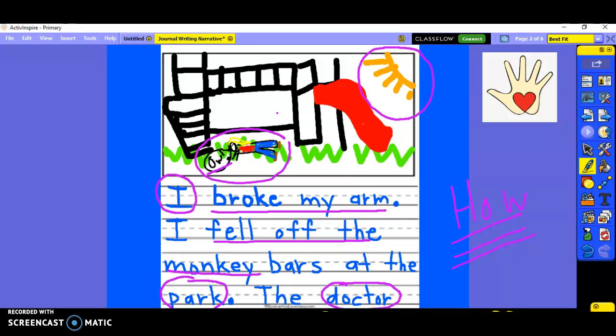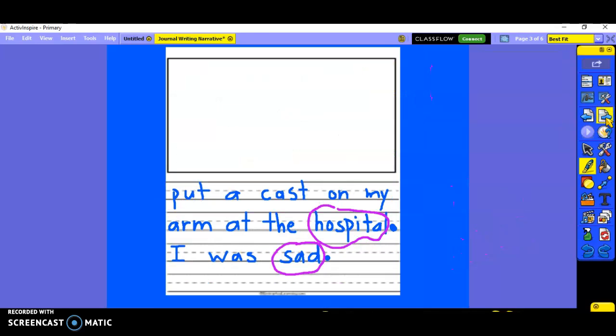Ow! Now, if you continue to write more details, what can Miss Nakian also do? I can also add another detailed illustration up here to match the sentences that continue my story. So I could draw the hospital, the doctor, and me being sad.